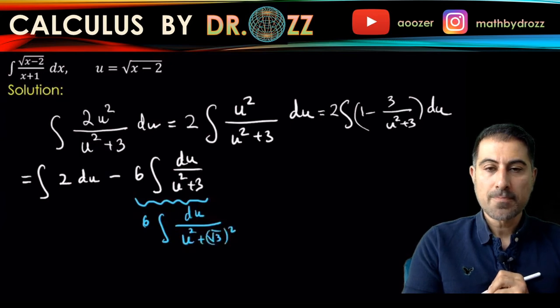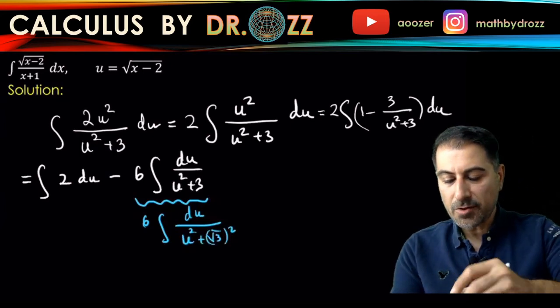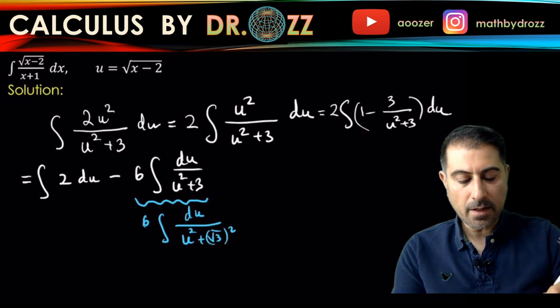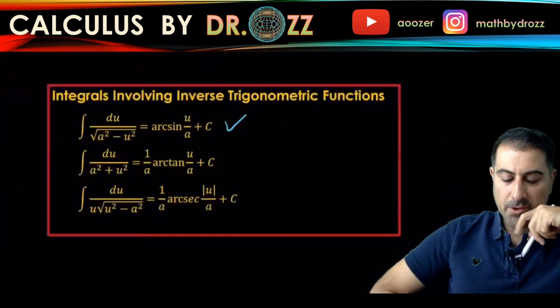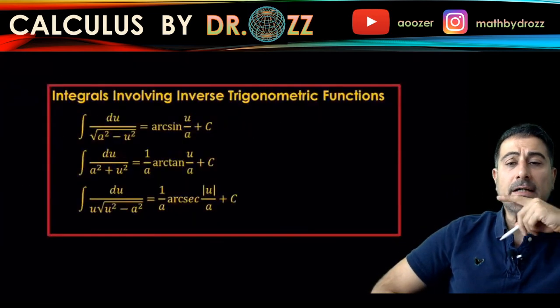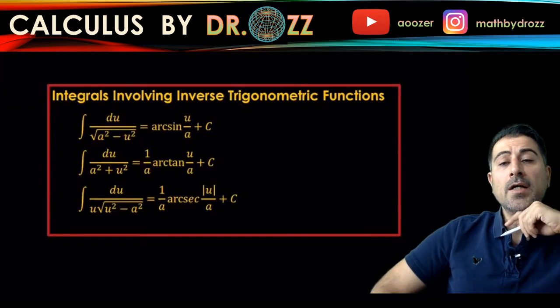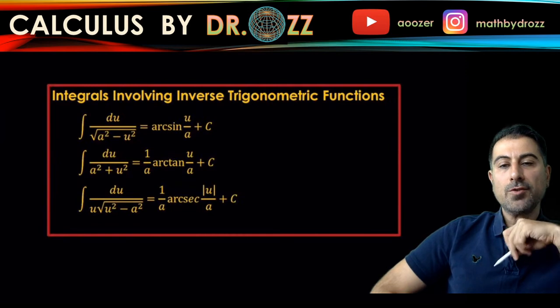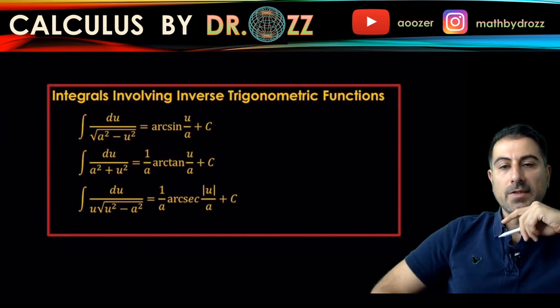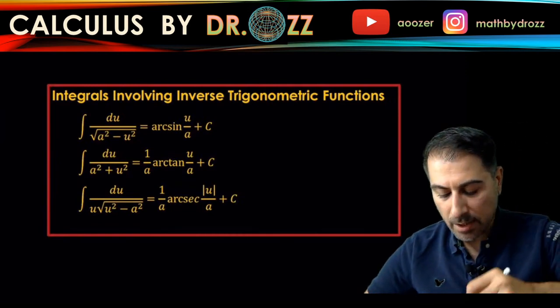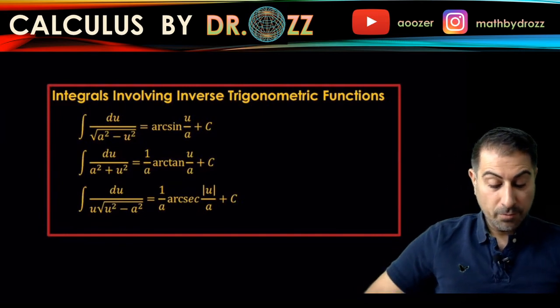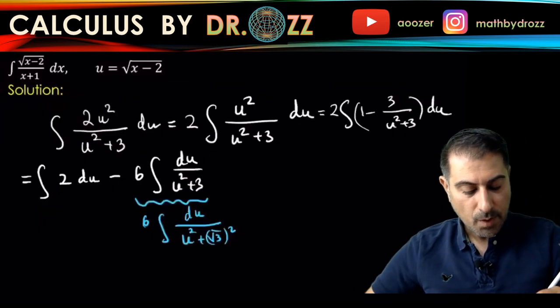And this is one of those integrals that we had in the beginning, integrals involving inverse trig functions, and this is almost like the second formula. So this is 1 over a arctan u over a. So a is the number you work with, u is the variable you work with, and it's 1 over a arctan u over a. Okay, here we go.